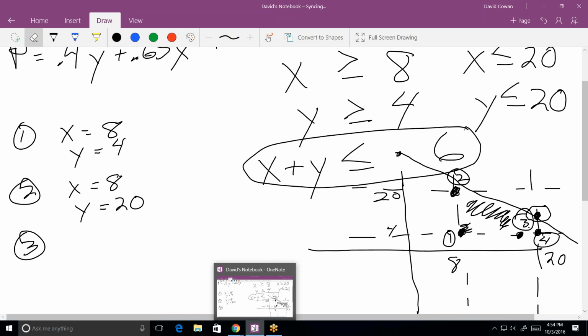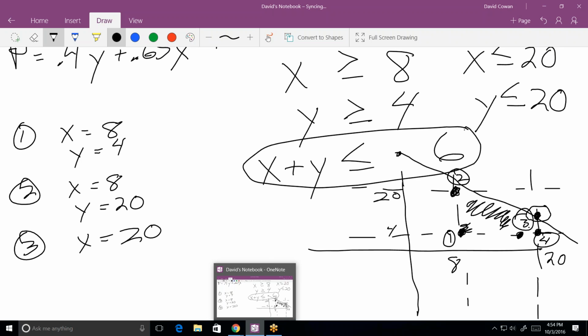For point 3, my x-coordinate is 20. Right? In other words, it goes straight up from 20. So I know the x-coordinate is 20, which means the y-coordinate has to be 16. That was a 36 there.